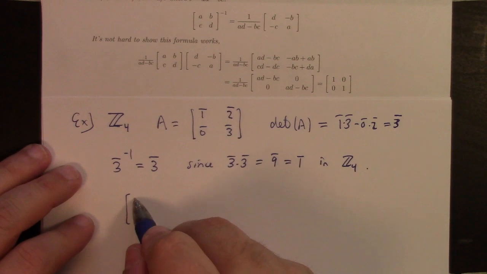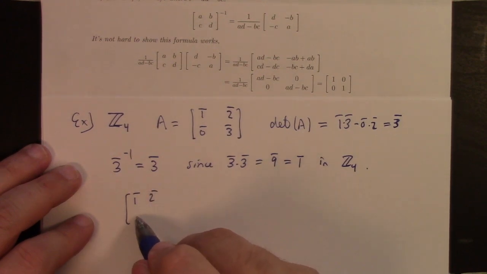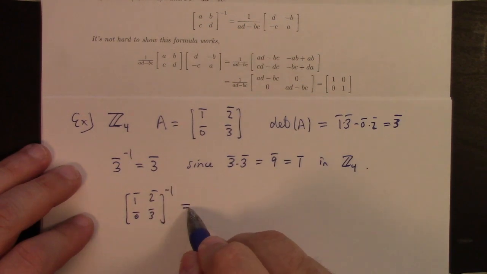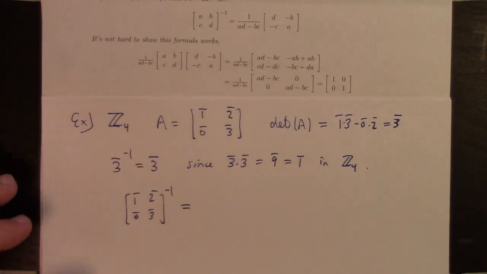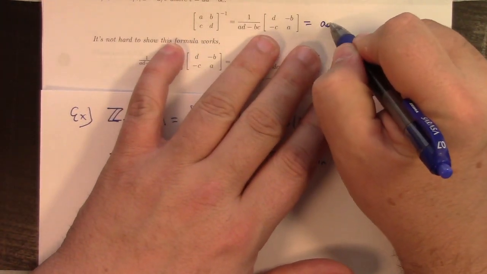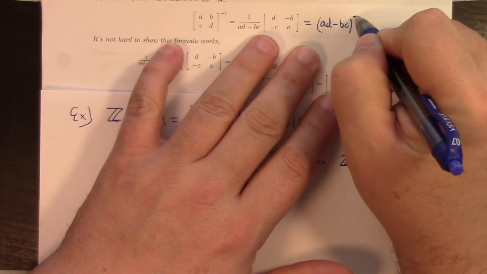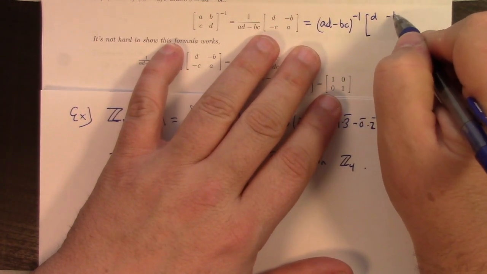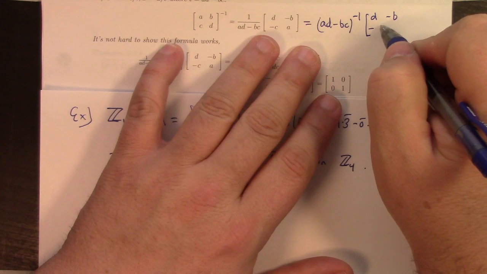So for the inverse of the matrix 1 bar, 2 bar, 0 bar, 3 bar, the formula has to be interpreted as AD minus BC inverse, in the case that we don't have agreement about 1 over something meaning something.